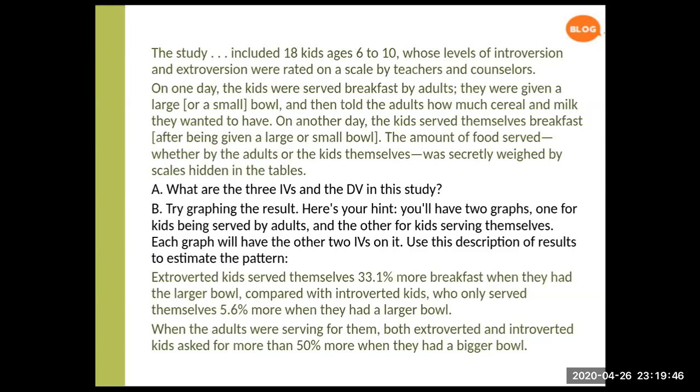So each graph would have 2 IVs on it, and you would see if those graphs were parallel to see if there was a 3-way interaction. Based on this, your graph would show extroverted kids served themselves 33% more breakfast when they had the larger bowl, compared with introverted kids who only served themselves 5.6% more when they had a larger bowl.